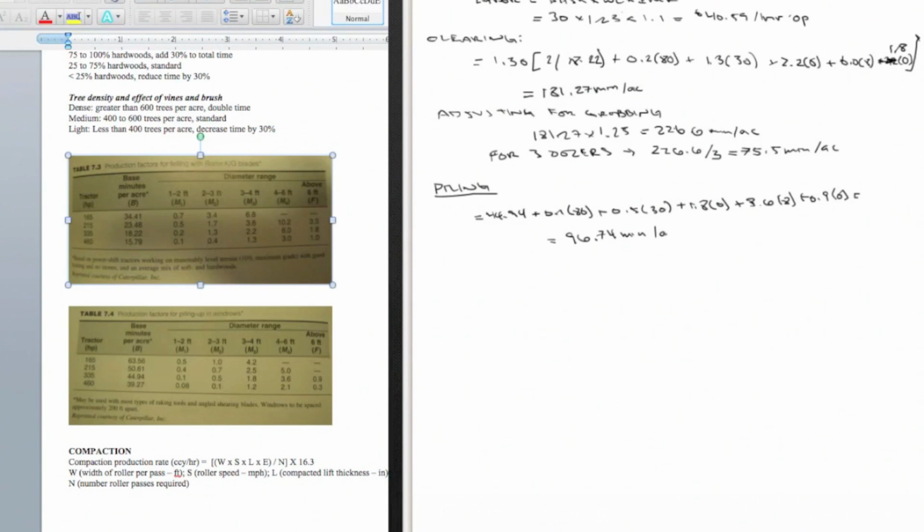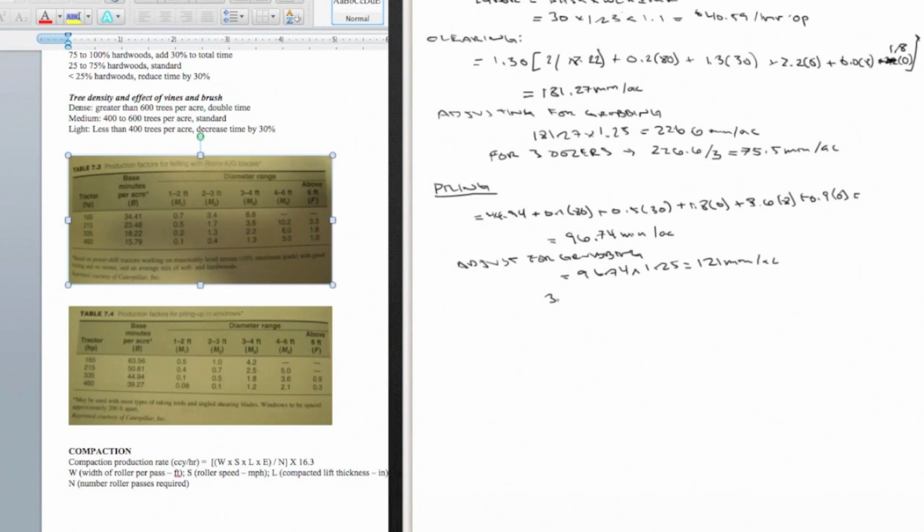We're also going to adjust this due to the grubbing in one operation. Again, 96.74 times 1.25 gives us 121 minutes per acre, and again, that's just for one.